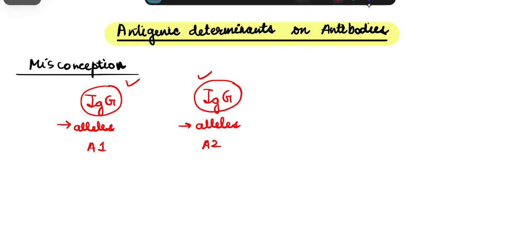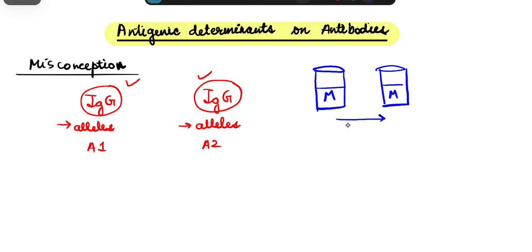Let's understand it with one analogy. There is a glass of milk and there is another glass of milk. What we were saying is both of them are the isotypes of each other. But suppose this milk is from a company named MD and this milk is from a company named A. So the MD farm is producing this milk, and the A farm is producing this milk.